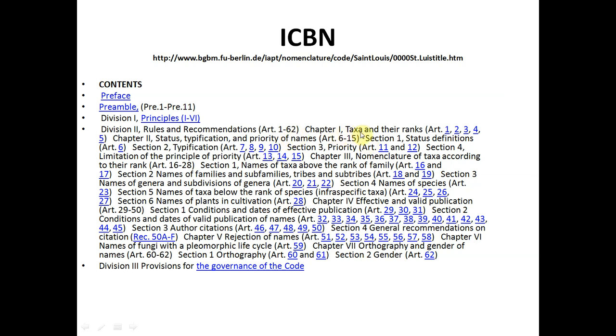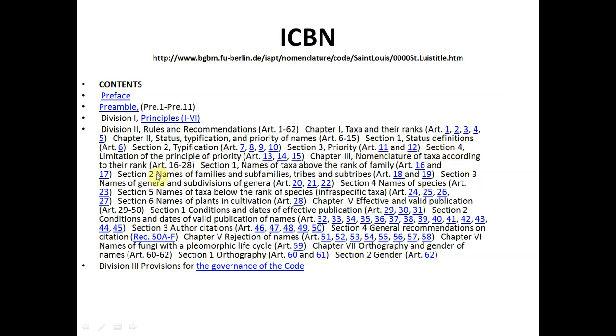In chapter 1, taxa and their ranks, and in chapter 2, status, typification and priority of names from article 6 to 15, and in section 1, status definitions, article 6, and section 2, typification under article 7 to 10, and under section 3, priority of publication, that is article 11 and 12.